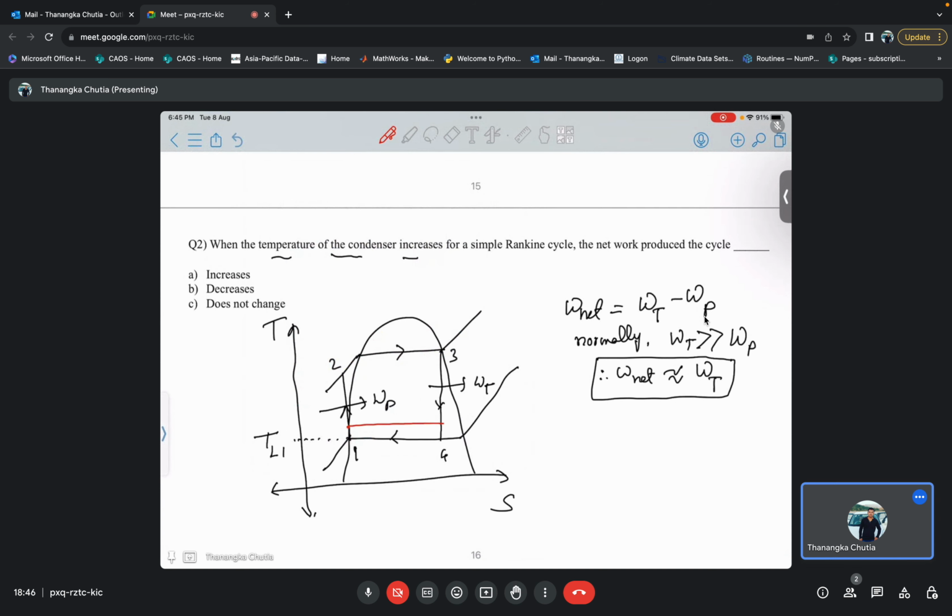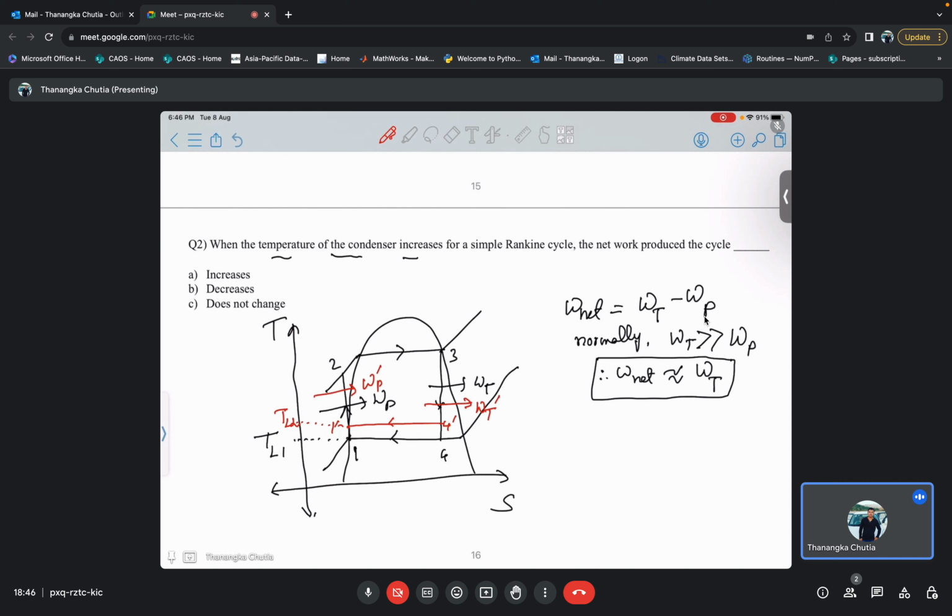The rest of the processes are the same, so this becomes my 1 dash and this becomes my 4 dash, and this temperature is now my TL2. What will happen in this case? In this case also I will get some work produced, that is my WT dash, and also some pump work, that is my WP dash.